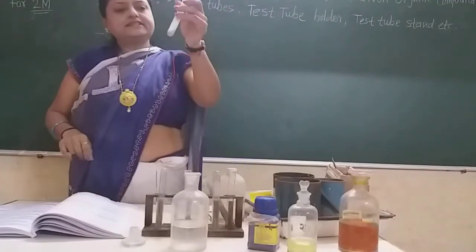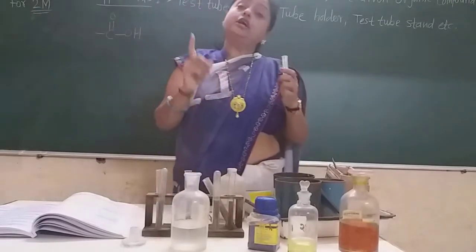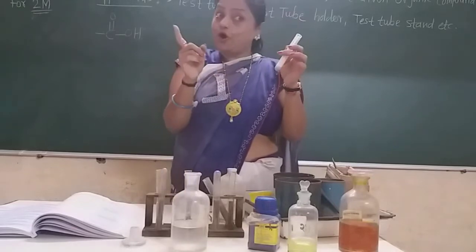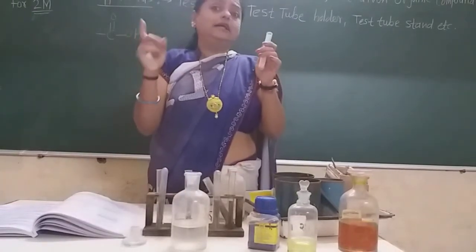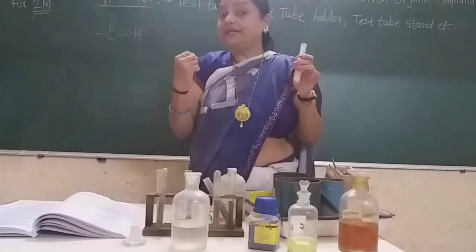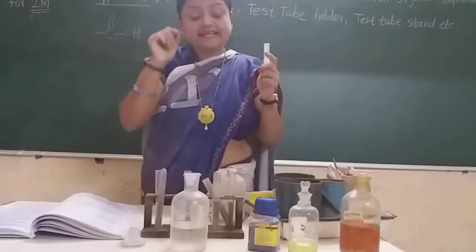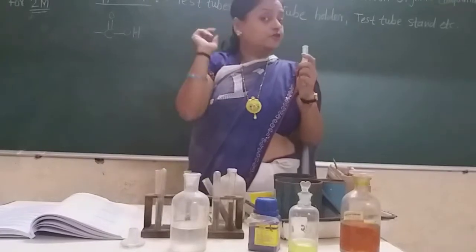Now let us take another compound. But we have to first find out whether the given compound is an organic acid or not, carboxylic acid or not, because different carboxylic acids may be given. So you have to perform this experiment again, that is the functional group test of carboxylic acid.